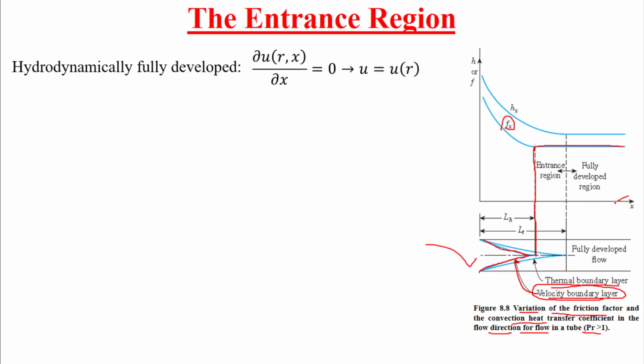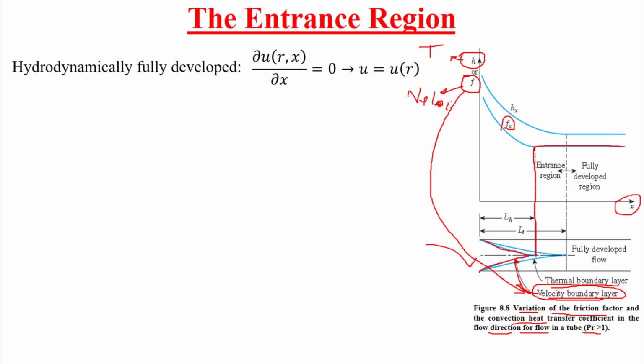So what do we have here? We have a diagram with x, the location along the pipe, on the x-axis, and on the y-axis we have the convection coefficient and the friction coefficient. The friction coefficient affects velocity, and H is affected by temperature. So we relate friction with the velocity boundary layer.